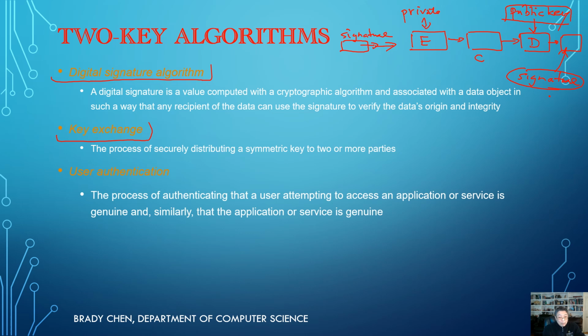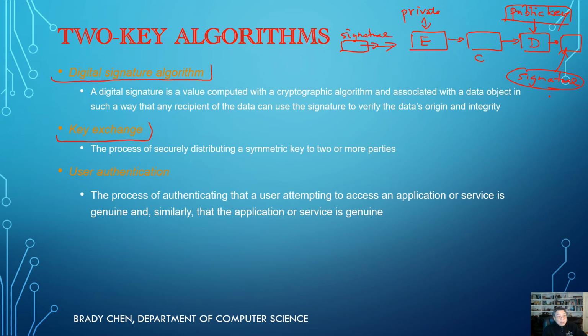We don't use the two key algorithms to send messages, the payload, but we use them to exchange the key, and then use the key for a single key algorithm. Why do we want to do this? We'll talk about this later.